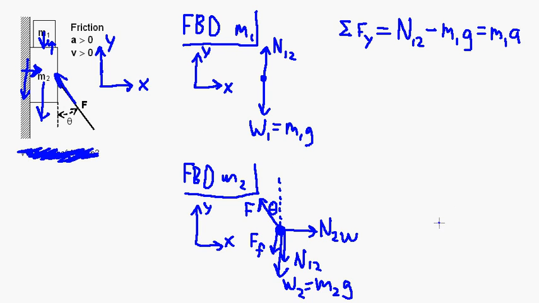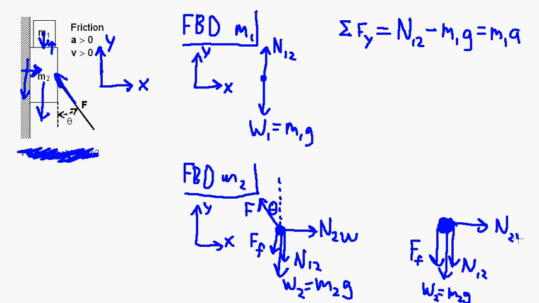So now we have to do our component resolution free body diagram, which is really not terribly hard because almost all these act in one direction. So I'm going to draw us a nice big circle here so we can get this one right. There's our force due to friction. There is our weight of object 2, which is M2 times G. And over here on the right is our normal force between object 1 and object 2. Here's our normal force between object 2 and the wall, pushing object 2 outwards, like that. And then finally, we have this F, which we resolved into components.